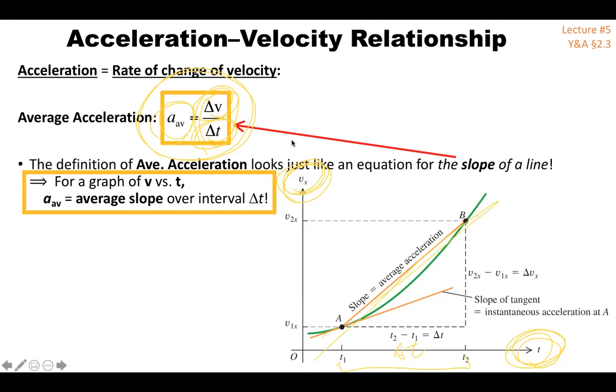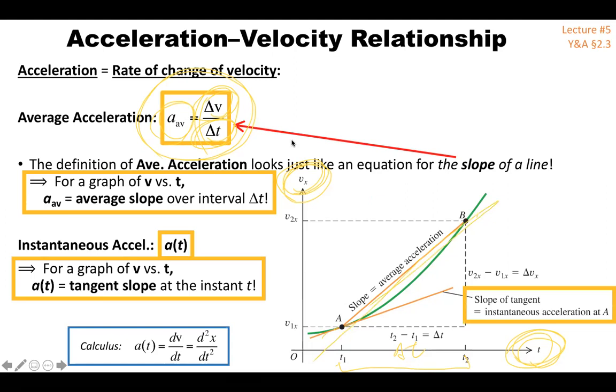And if we were to shrink that time interval down to be instantaneously small, then you get the instantaneous acceleration at a particular moment in time, t. So again, the instantaneous acceleration at any point on a velocity versus time graph is the tangent slope at the time t. This is just a reminder again of the definition from calculus.